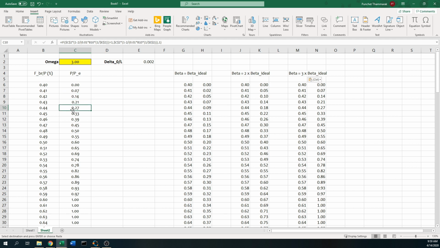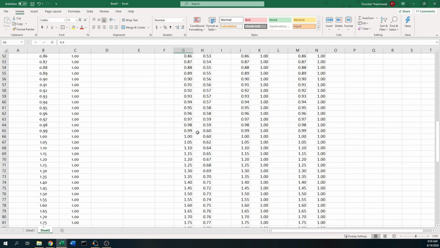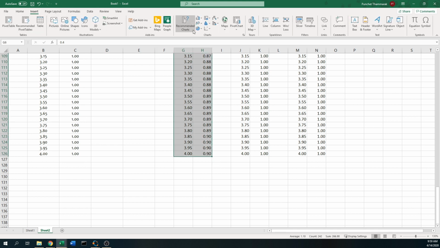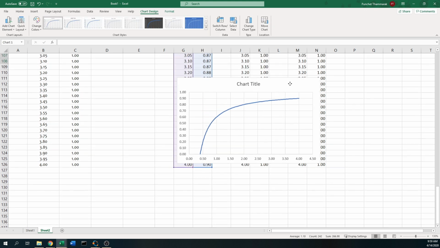So the formula is already cast this way, and that is consistent with the development on the iPad. So I changed the omega from 1 to 2 to 3, and then I put all of the results back in this area here. Okay, so I'm now going to plot all of this out. Insert, and we need the graph. Okay, and put it all the way back up.